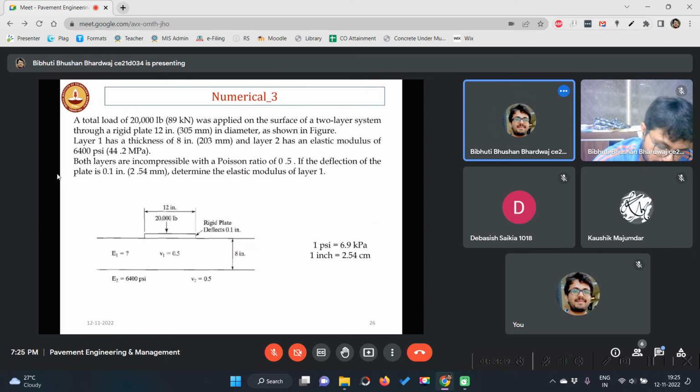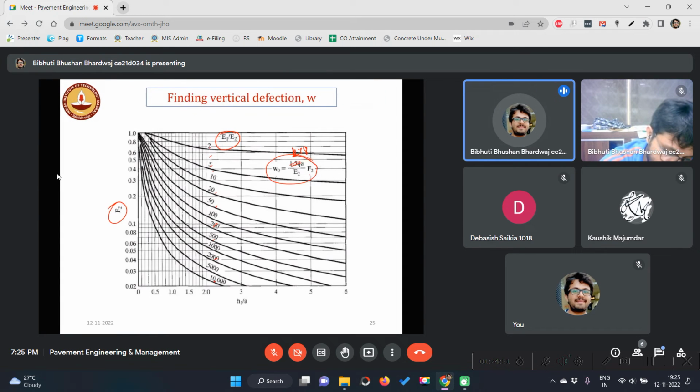So we write down this formula: W0 equals 1.18 QA by E2 times F2. So if you can find F2 using H1 by A, you can directly find the deflection. Write it down.